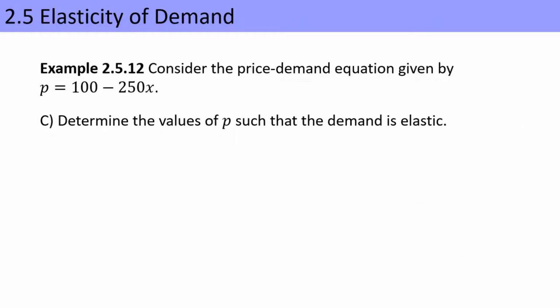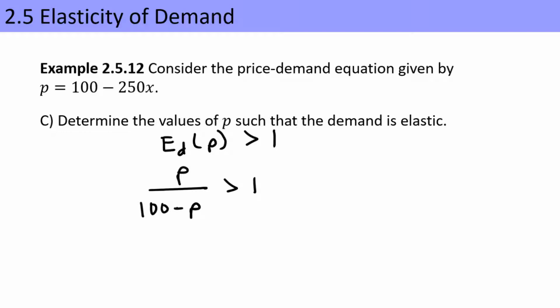Part C. Determine the values of P, that's the price, such that the demand is elastic. Elastic means the elasticity of demand formula, we want it greater than 1. We solve it as P over 100 minus P, and we want that greater than 1.